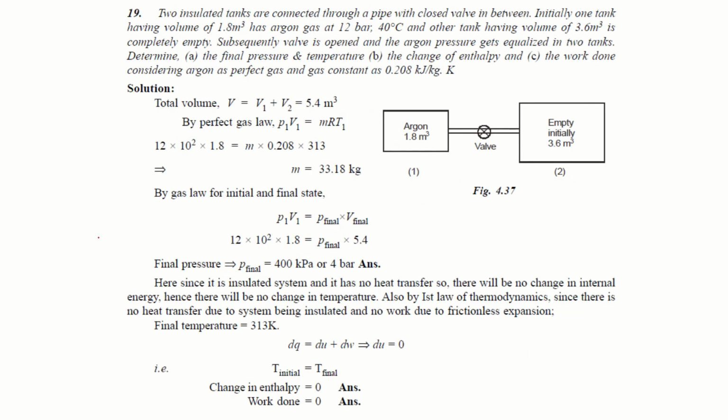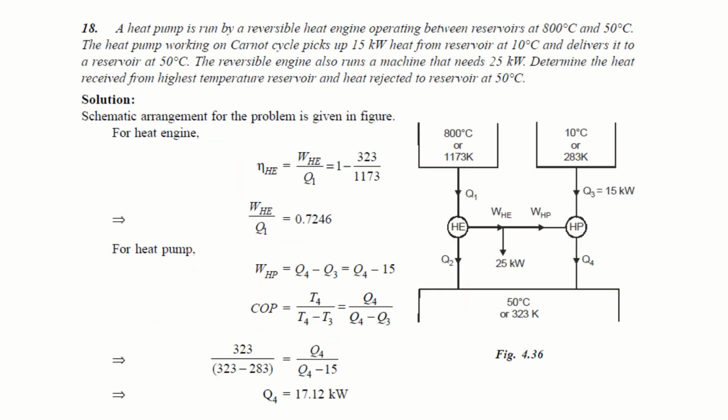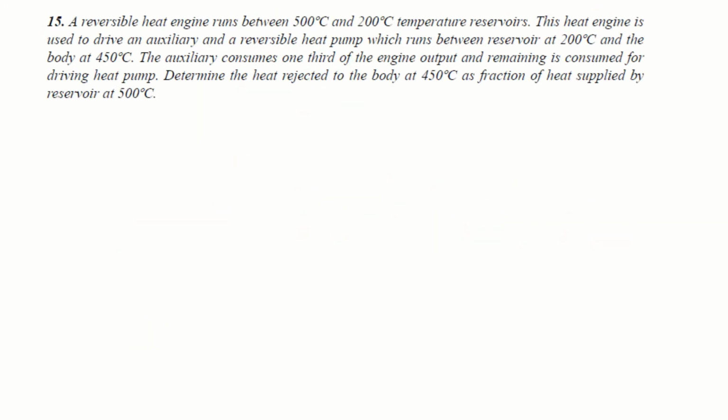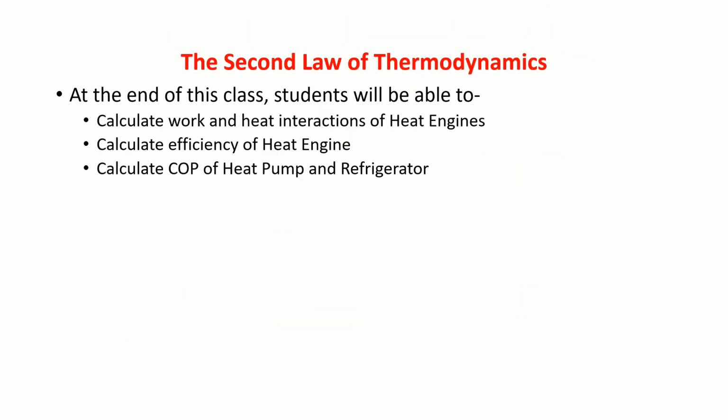So please work out this problem in a similar way, and these are similar to the problems which I explained earlier. They are no way different. So these examples definitely help you to understand how to calculate work and heat interaction of heat engines, efficiency of heat engines, COP of heat pump and refrigerator.